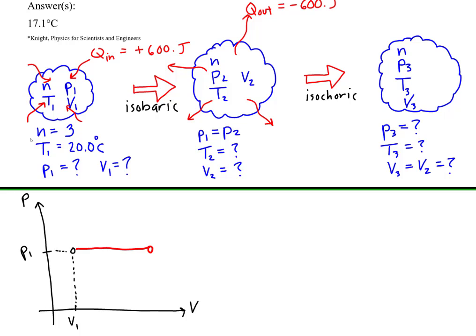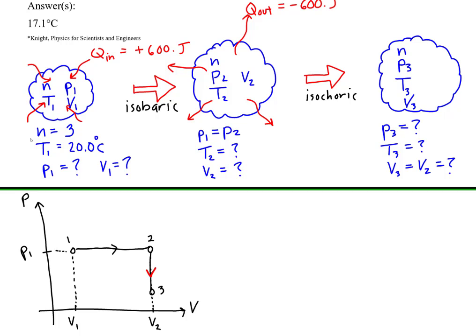It then expands at constant pressure to state 2, which is still at pressure P1, but at a new volume V2. After the expansion, thermal energy is removed isochorically until the gas arrives at state 3.